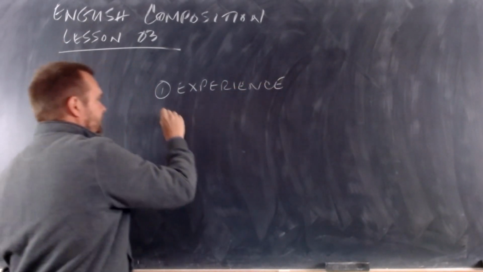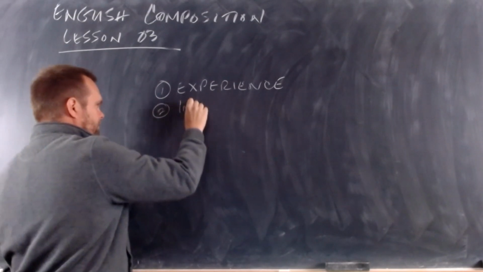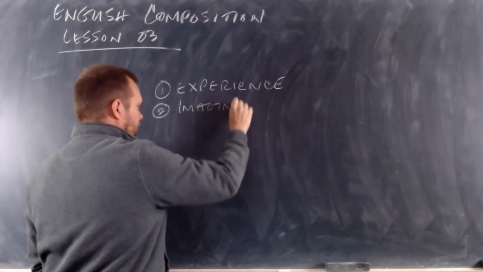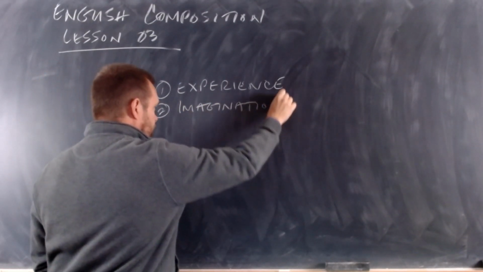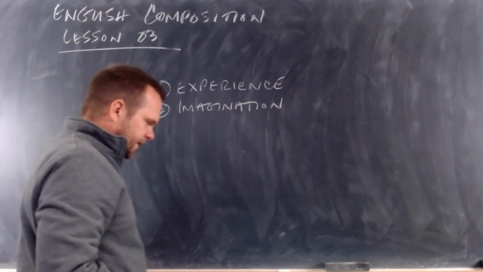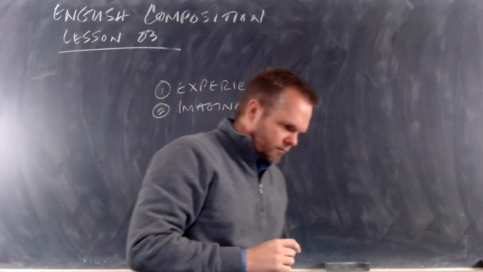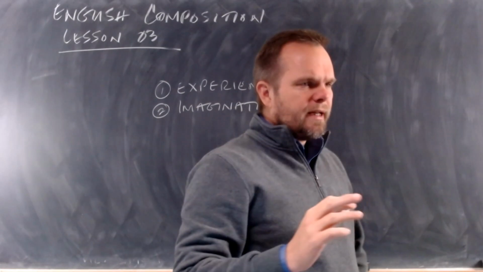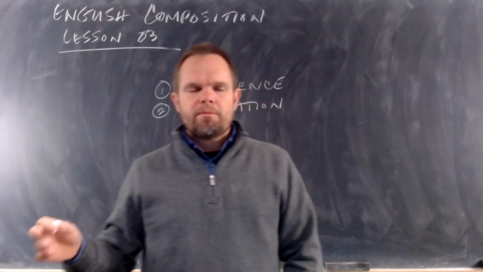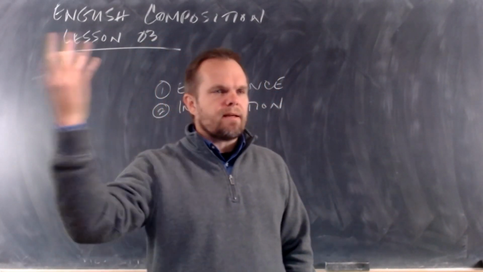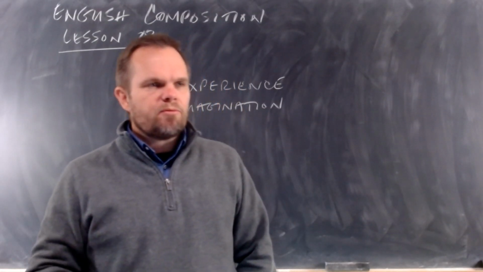The second source of ideas is imagination. And we said that imagination doesn't mean making up stories. It doesn't mean inventing things or making things up out of nowhere. That's really not possible.